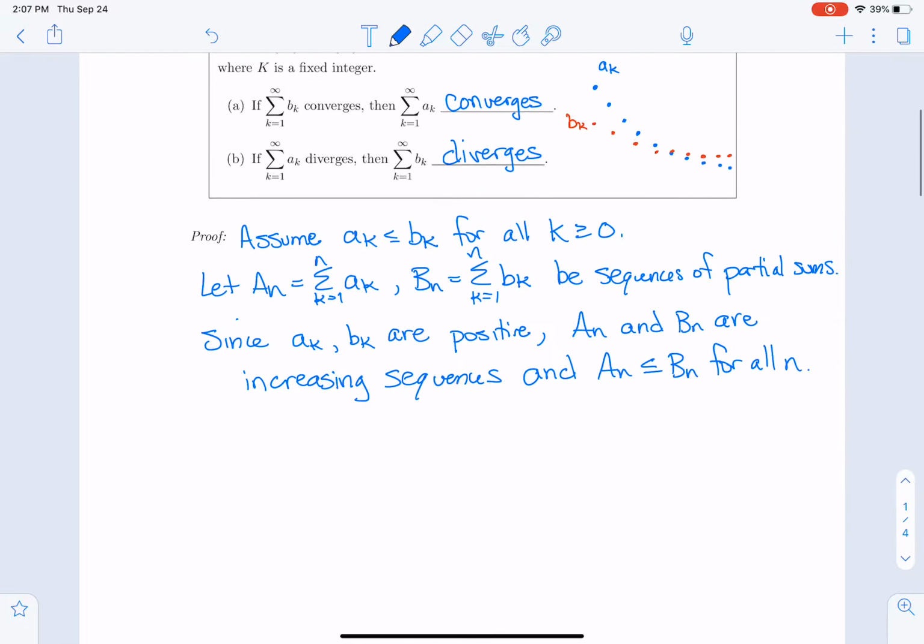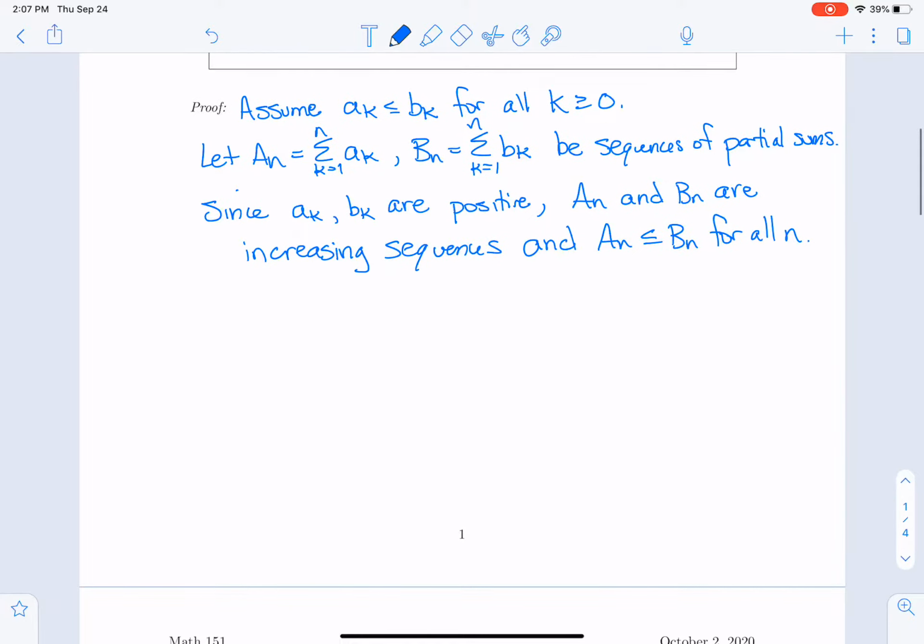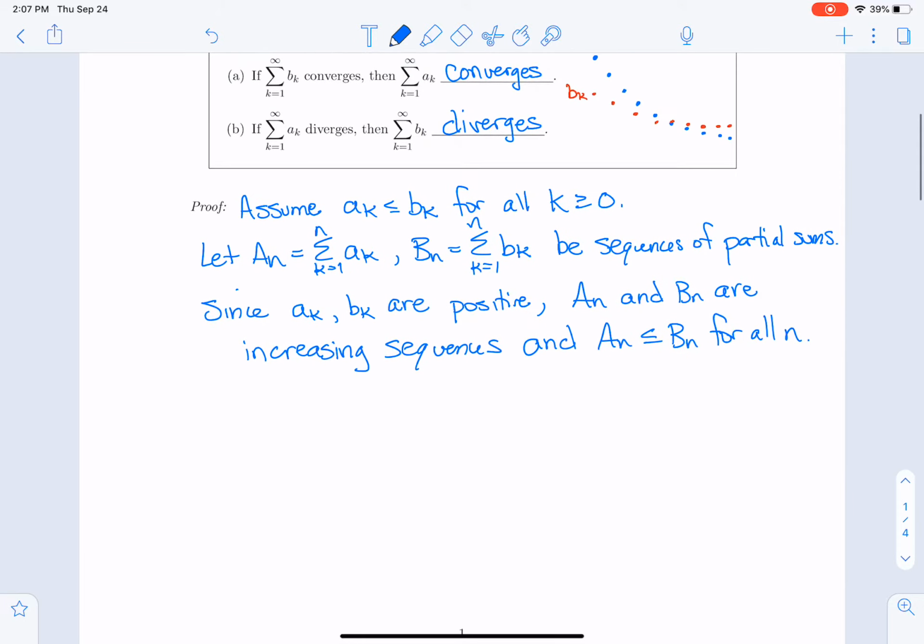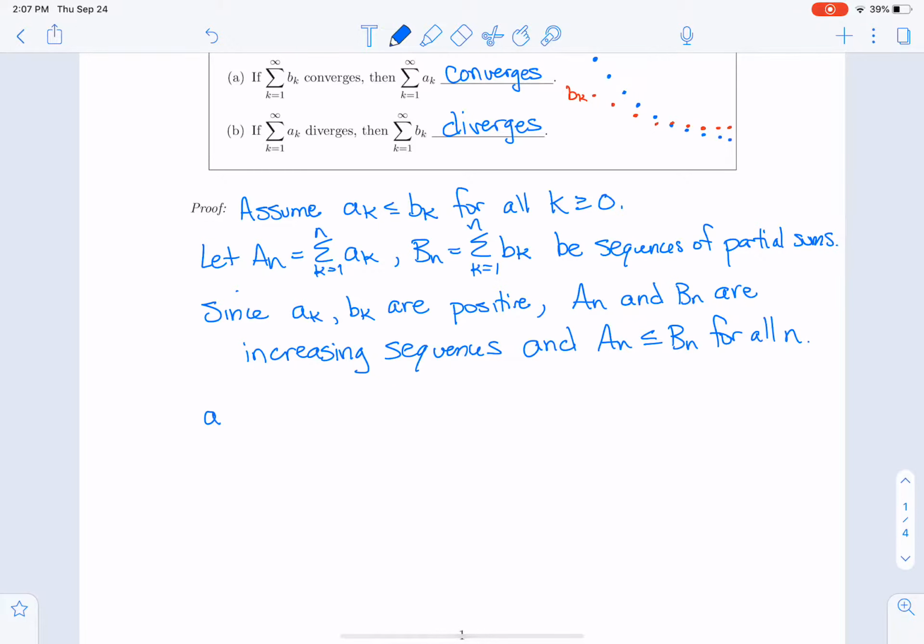Now, those facts are going to be true whether we prove part A or part B. So first I'm going to prove A. So if B sub n converges, then we can say that the limit as n goes to infinity of B sub n is equal to B. And because B sub n is an increasing sequence, we can say that B sub n is less than or equal to B for all n.